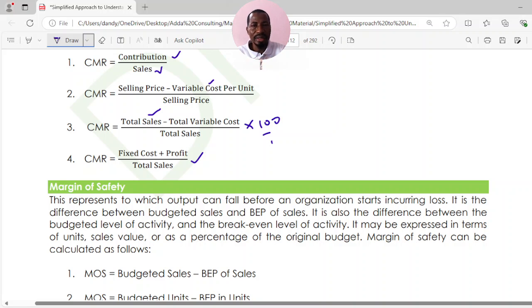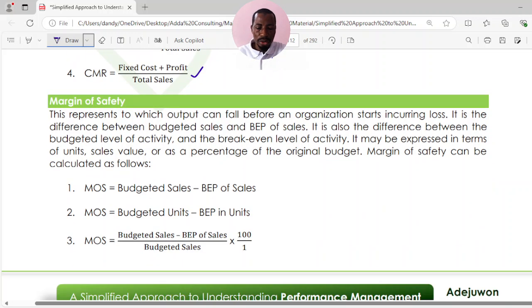It is calculated as the difference between the budgeted sales and the break-even point of sales, or budgeted sales units minus the break-even point in units. You can also calculate it in percentage depending on the requirement or the information available.